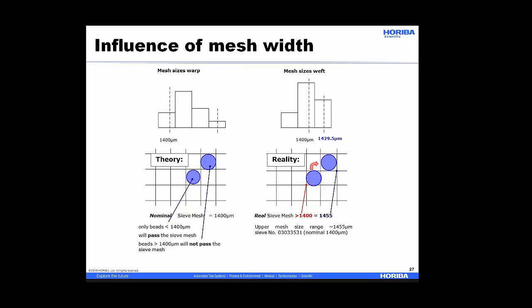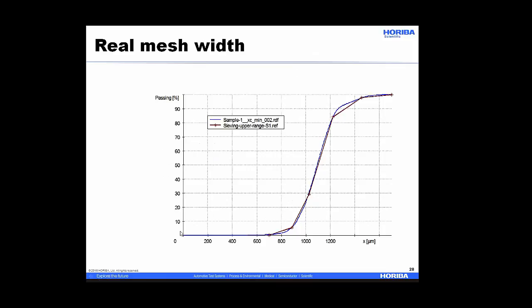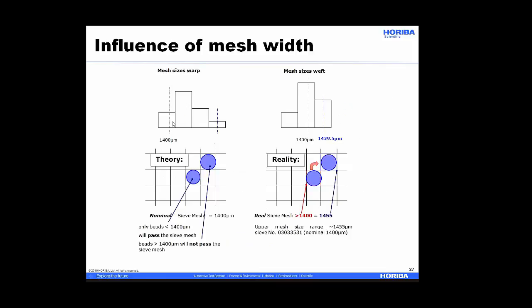So here's an example, and this is for the 1400 micron mesh. We see a distribution of widths, and so horizontal width and vertical width, if you will. And you can see that actually some of the holes are larger than the modal size sieve hole.